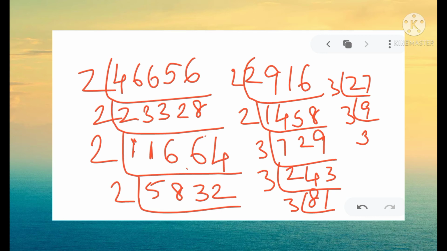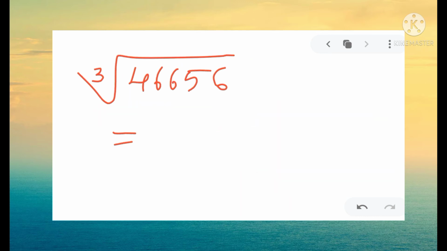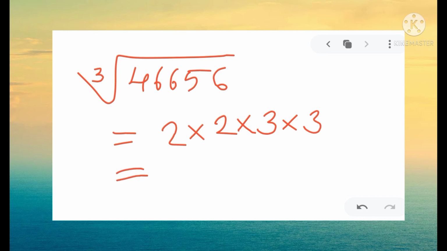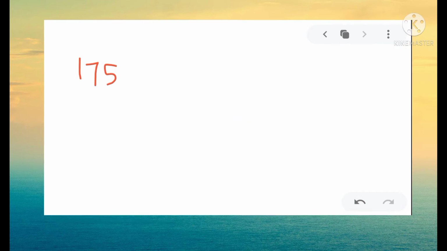So the cube root of this number is 1 2 from the first group, 1 2 from the second group, 1 3 from the third group and 1 3 from the fourth group. So the answer is 2 2s are 4, 4 3s are 12, 12 3s are 36. That is, the cube root of 46,656 is 36.